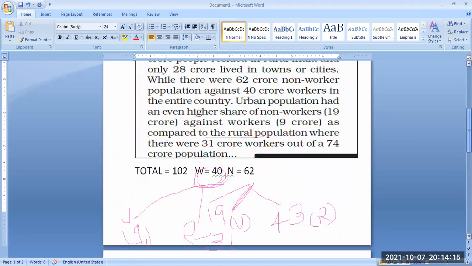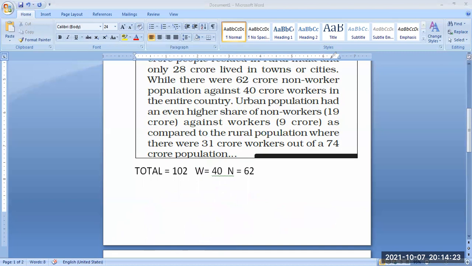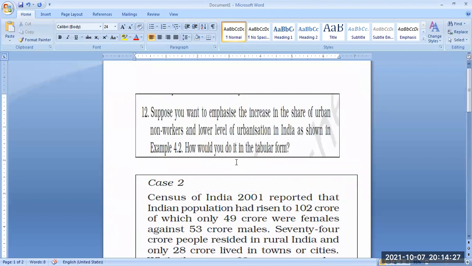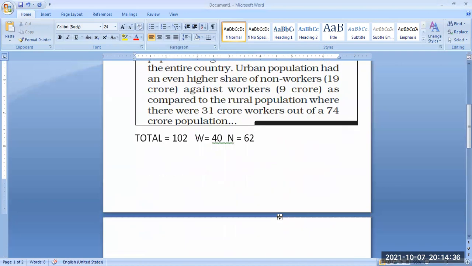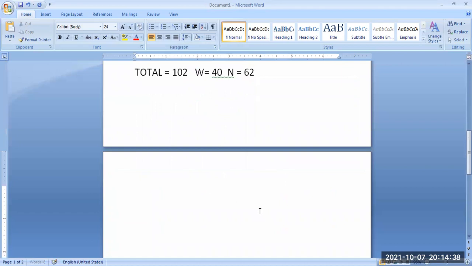Now coming to the drawing of this. How to put this entire matter in a table. So in the question, what they want is non-workers population and level of urbanization in our country. So we have to draw a table.